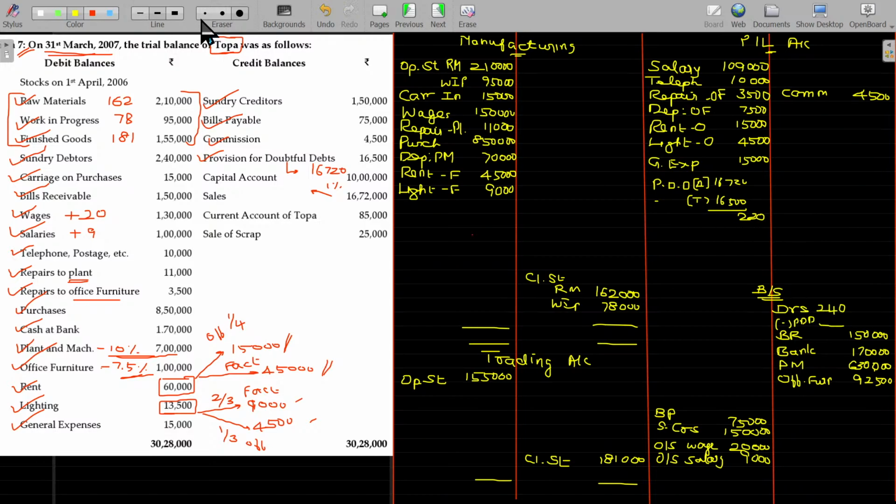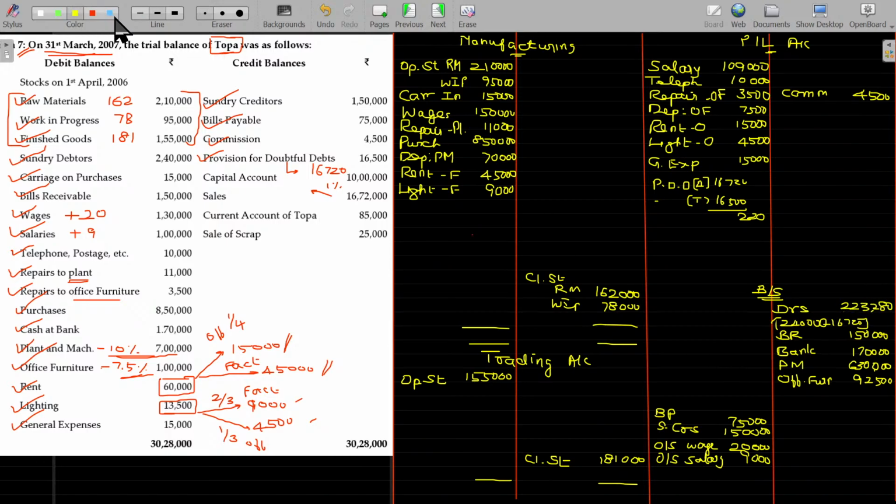Then provision is subtracted from the debtors. Okay. 2,40,000, from there 16,720 is subtracted. Come on, get me the value of debtors here. 2,23,280.